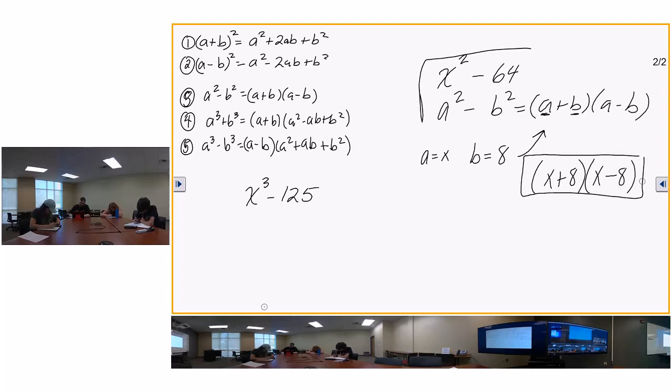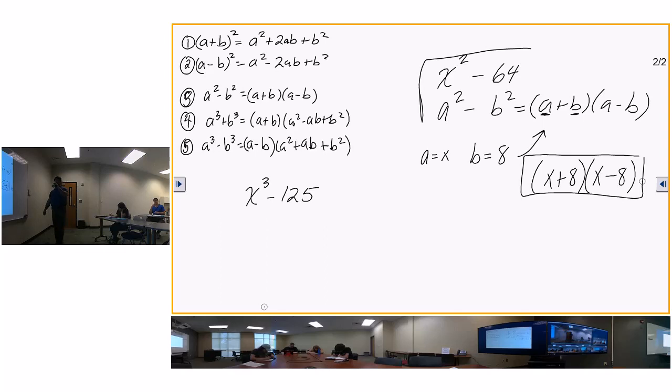All right, you know from the get-go that it's shortcut number 4 or 5 because it's cubes.